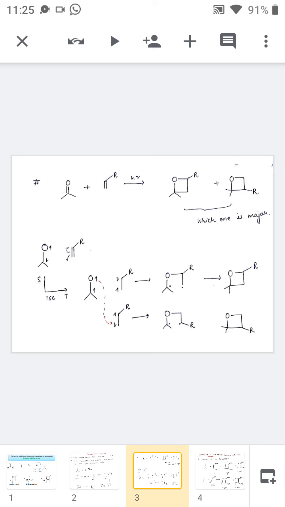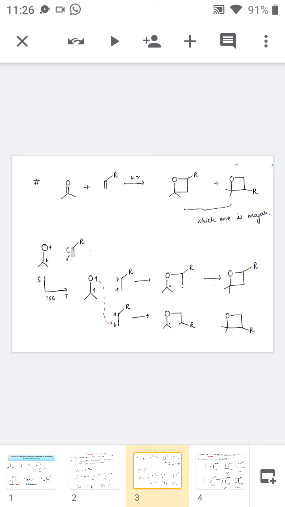After that, it is added to an alkene, and one of the carbon atoms of the alkene is attached to a substituent R. First of all, we have to stabilize the unstable radical. So the oxygen radical combines with the primary radical of the alkene.